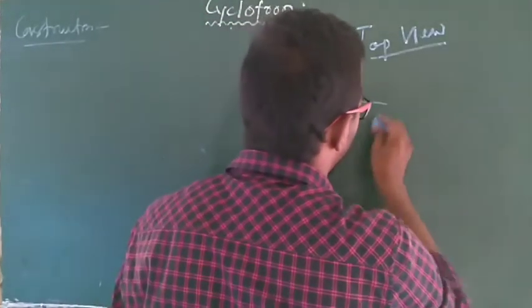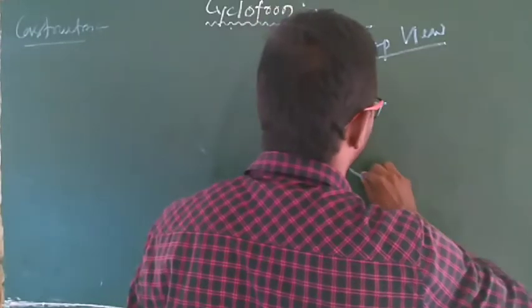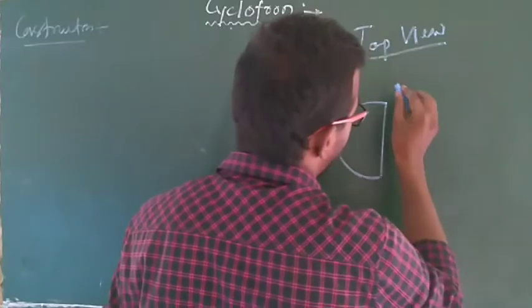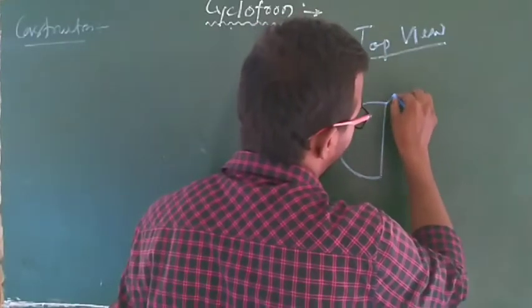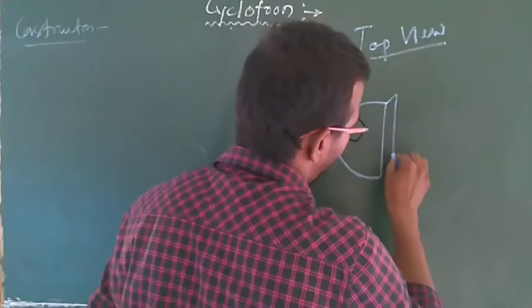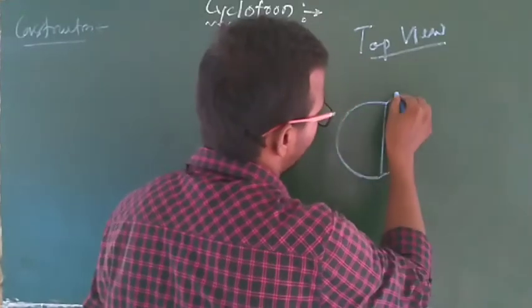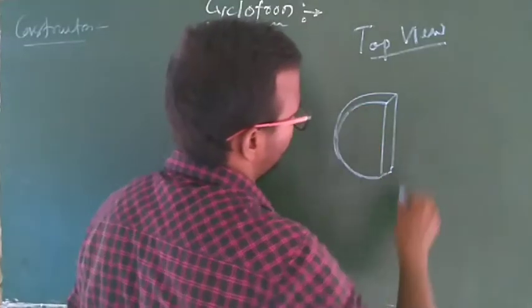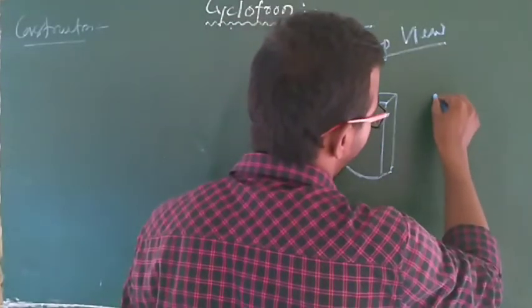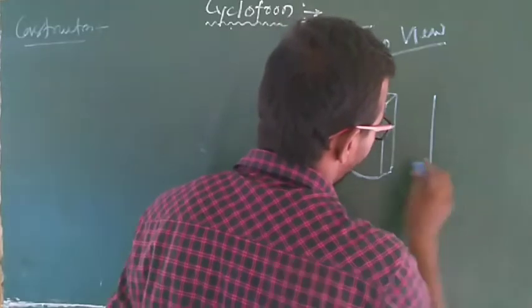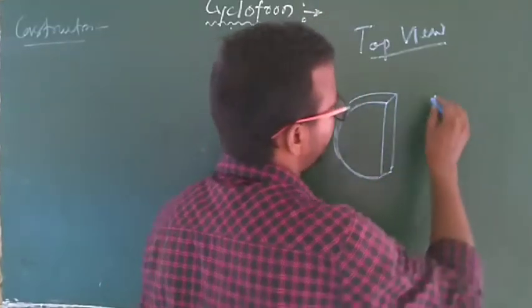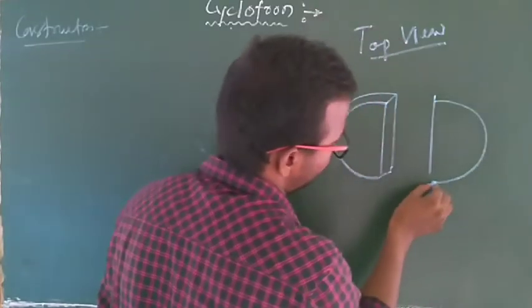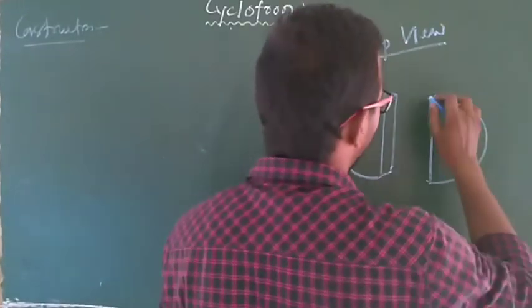This is the top view of a cyclotron, and these are the two D-shaped materials, and the gap between the two D's is very small. Clear?